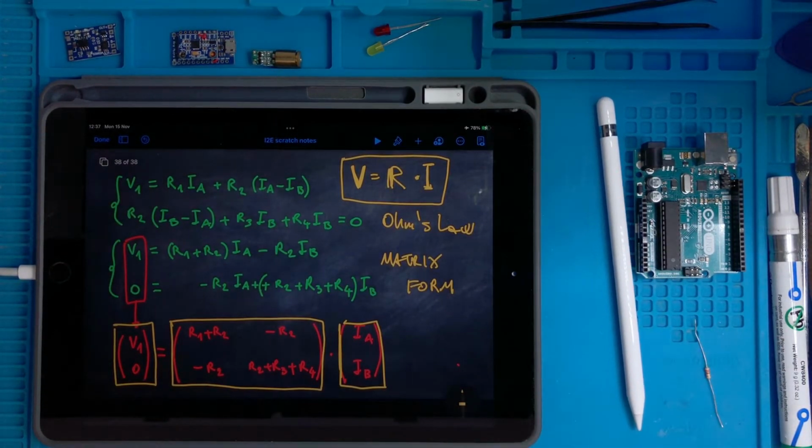All circuits can be reduced to this form, where you have a vector of voltages, a vector of currents, and a matrix of resistances.